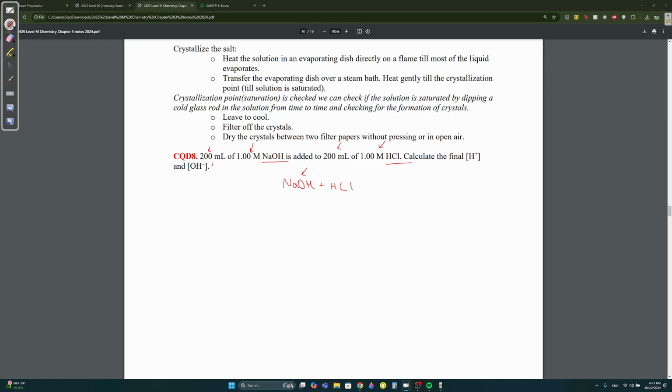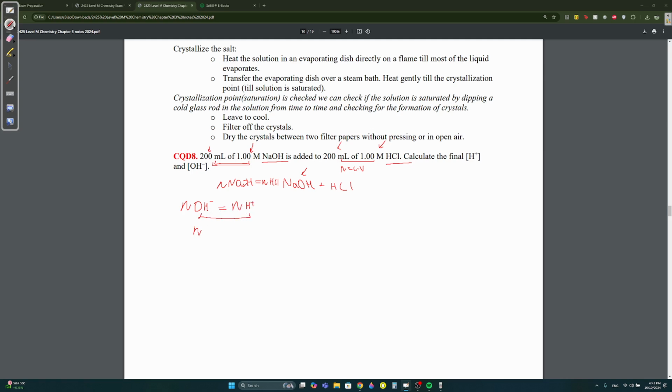We can deduce, I'll solve it for you, but you know that n equals C times V, and they both have the same values. So n of NaOH is equal to n of HCl. What does that mean? The n of OH minus is equal to the n of H plus.